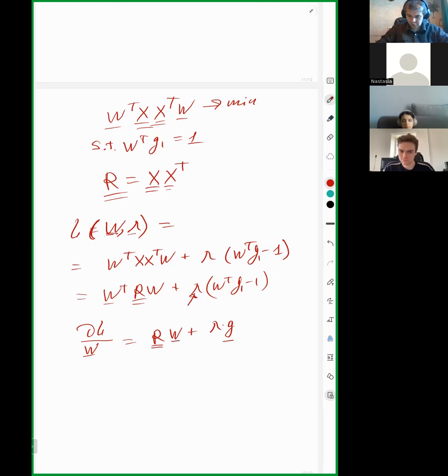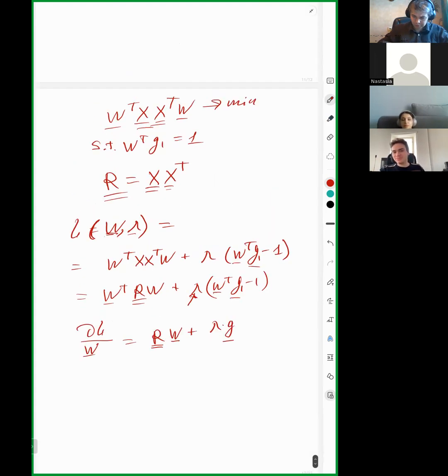You agree that this is a vector derivative. If you're not familiar with it, just trust me. You can always expand it, make W to be W1, W2, W3, and G to be G1, G2, G3, then take the derivative with respect to each of these, sum them together, and find that this is so.